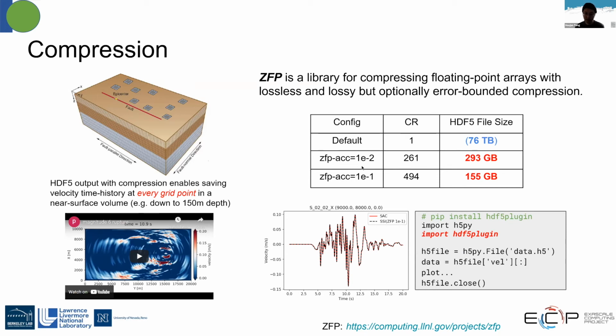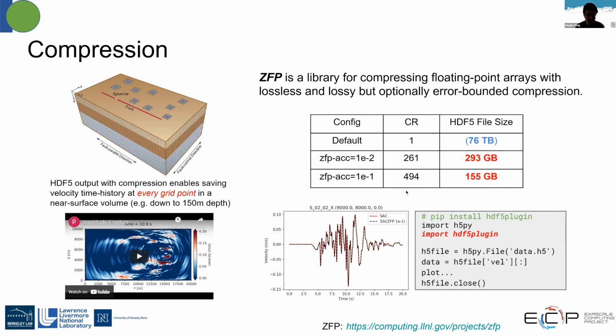Using the accuracy of 0.01, we get 261 times smaller data, so 76 terabytes to 293 gigabytes. If we want to be even more aggressive, and bring down the accuracy to 0.1, then we get an even higher compression ratio up to 494, and that results in just 155 gigabytes.